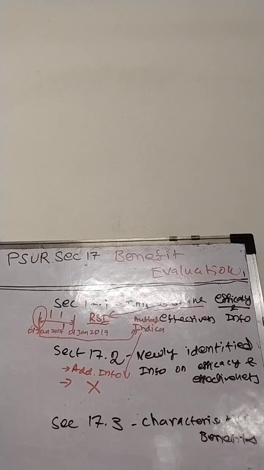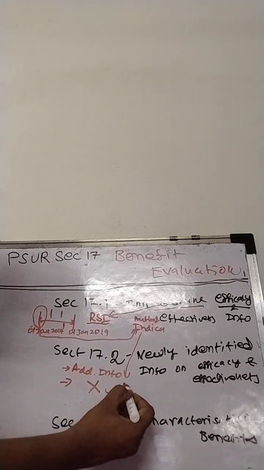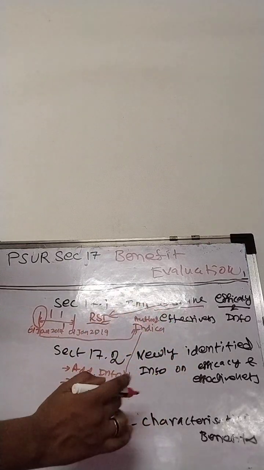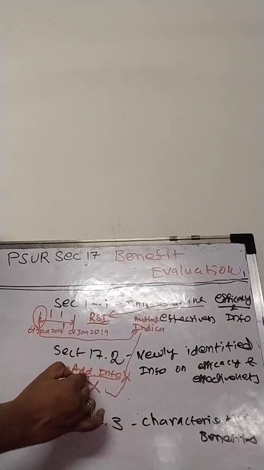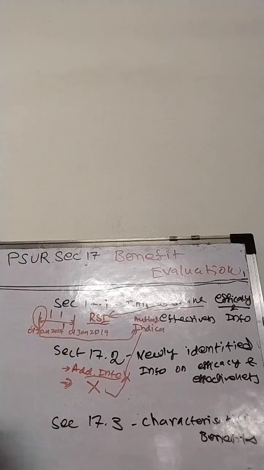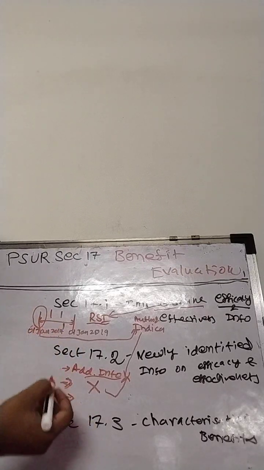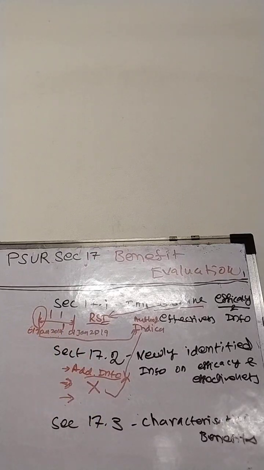Unless that new information you got, apart from the authorized indications, has an impact on the authorized indications, then you can present it, that is okay, but it is always behind the authorized indications only. Keep that in mind. Third point: during this review period, have you received any new indications?